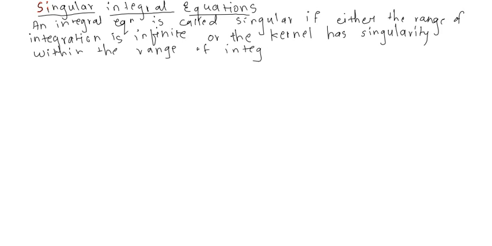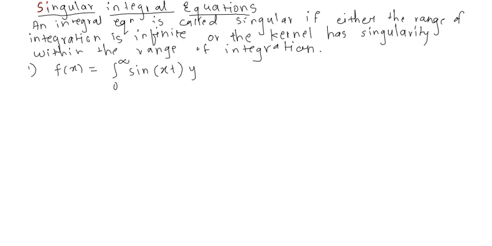Now let us look at some examples to understand what is this singular integral equation. Okay, so for example, let us consider the first equation as f of x equal to integral from 0 to infinity sine of xt y(t) dt.